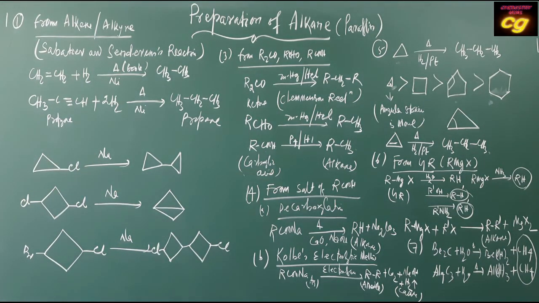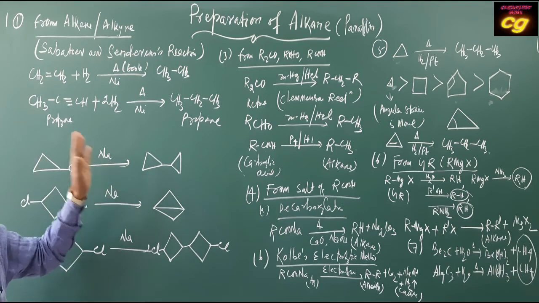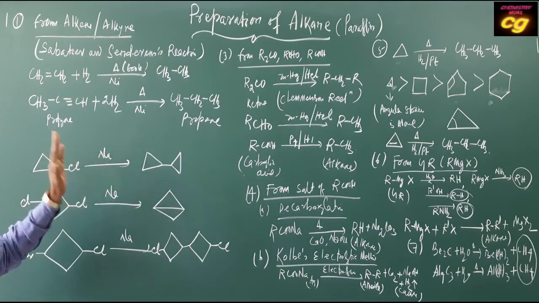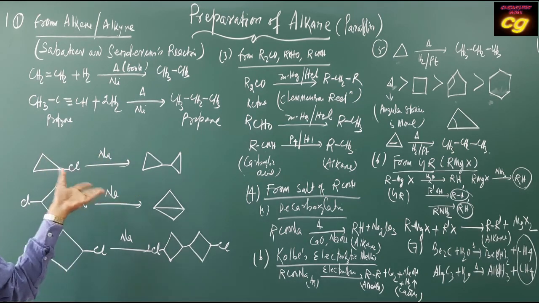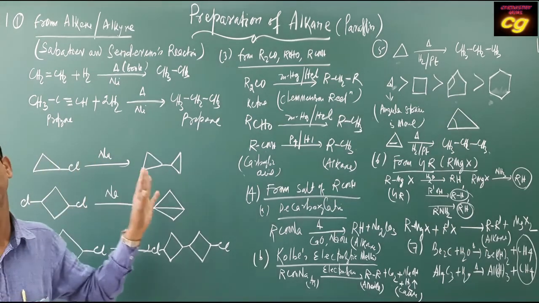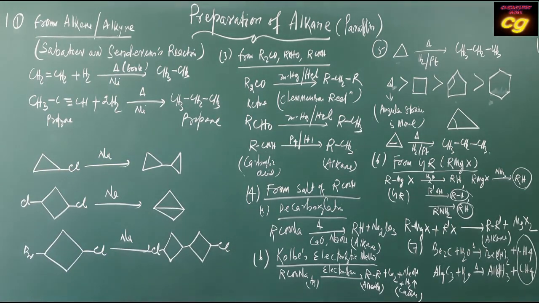So these are some applications of Wurtz reaction. In competitive examinations, different types of questions may be asked related to the same concept, but some twisted type of question will be asked. You have to think what will be the actual product. Okay, thank you all.